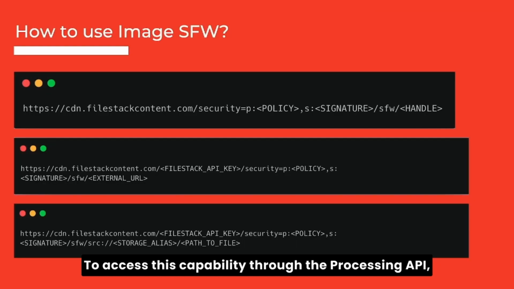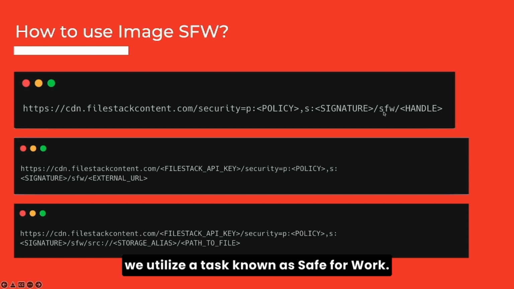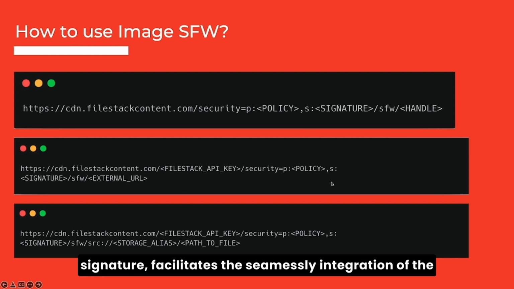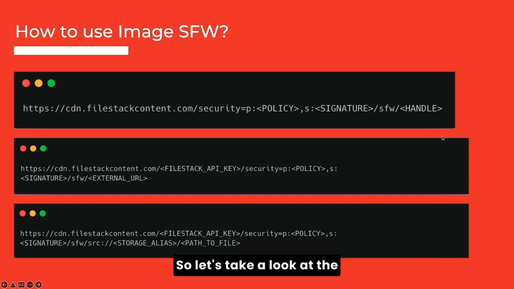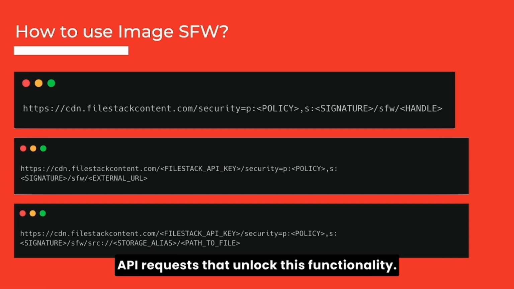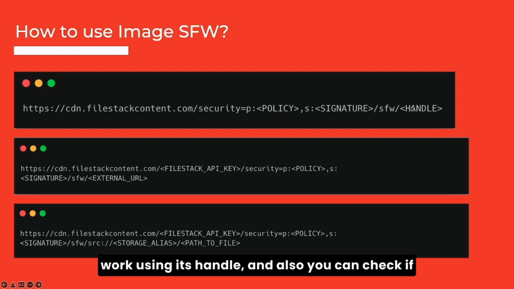Let's roll up our sleeves and dive into how to harness the power of the Image Safe for Work feature. To access this capability through the Processing API, we utilize a task known as Safe for Work. This task, combined with security policies and signature, facilitates the seamless integration of the Safe for Work feature into your workflow. So let's take a look at the API requests that unlock this functionality. You can check if an uploaded file is safe for work using its handle.